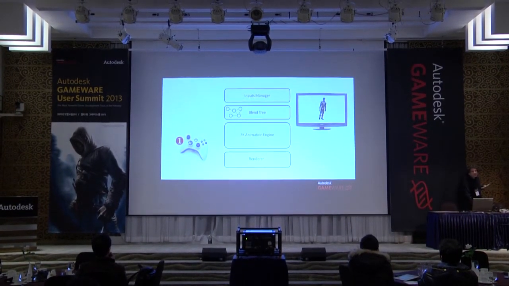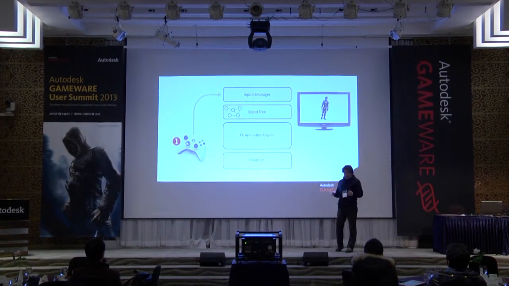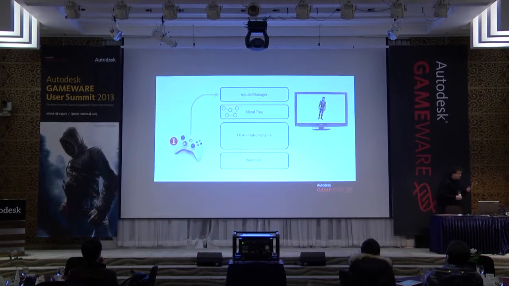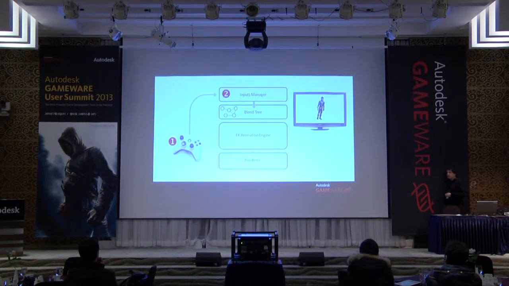In order to get a good understanding of what HumanIK does, maybe we should take a look at this standard game loop. When the player is playing the game, he's pressing buttons on the controller. There are some signals that are sent to an input manager and that are translated into commands that are interpreted by a blend tree. The blend tree is a place where the logic of the character is described.